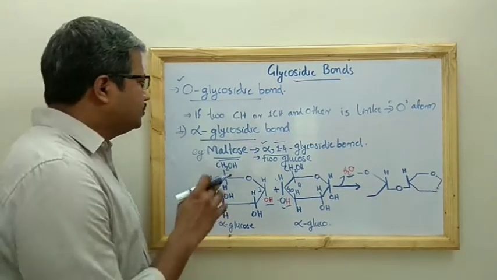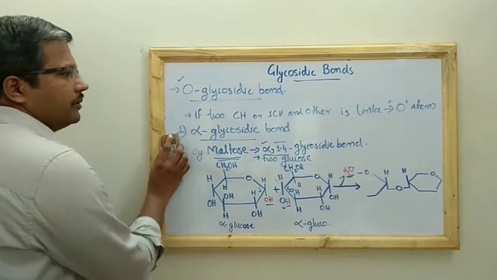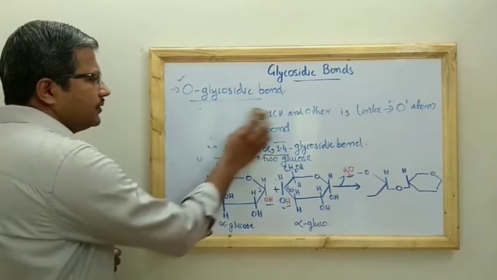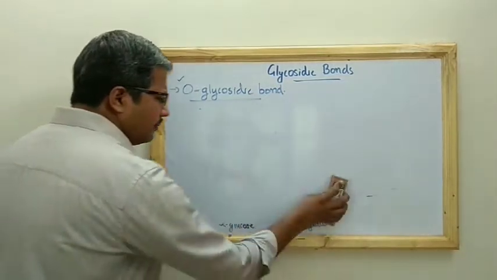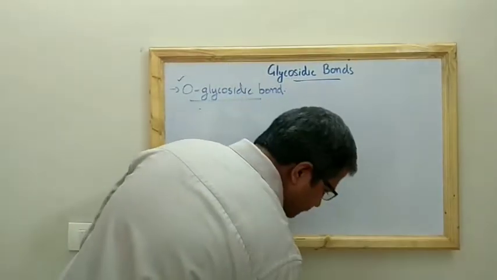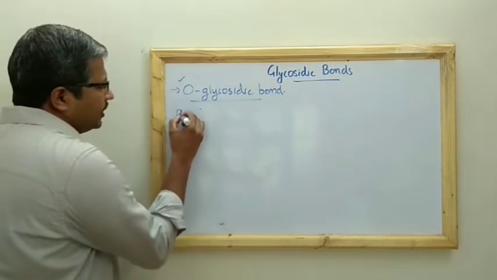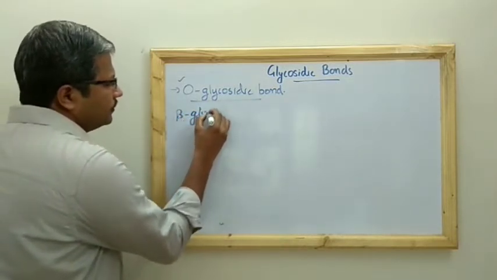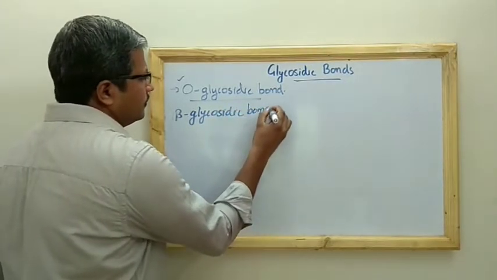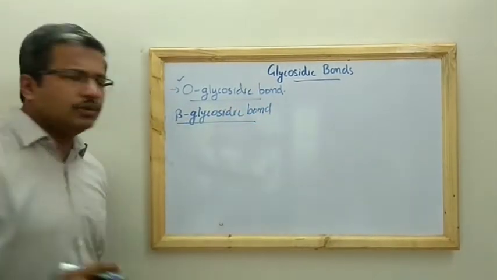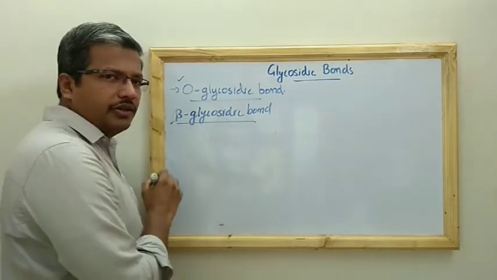Okay. Now let us move to the beta glycosidic bond. The first one was the alpha glycosidic bond. Now we are moving into the beta glycosidic bond. In this beta glycosidic bond, both components will be in beta configuration.